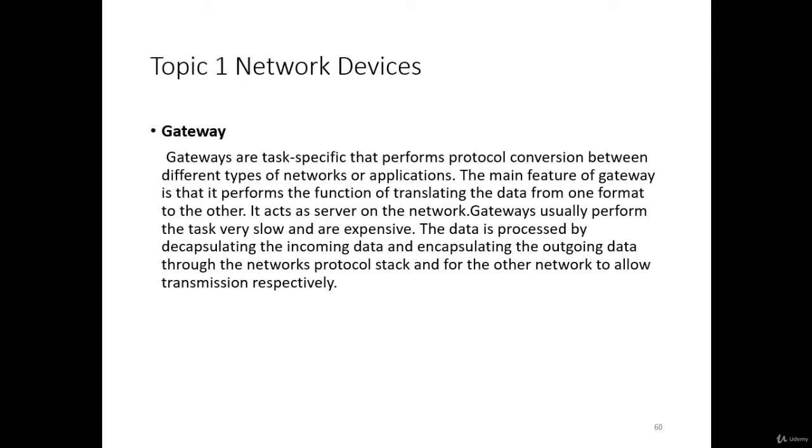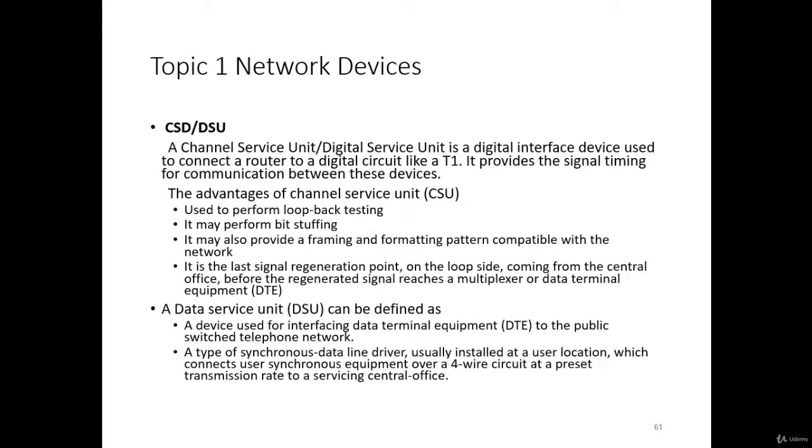It acts as a server on the network. Gateways usually perform the task slowly and are expensive. The data is processed by decapsulating the incoming data and encapsulating the outgoing data through the network protocol stack, for the other network to allow transmission respectively.